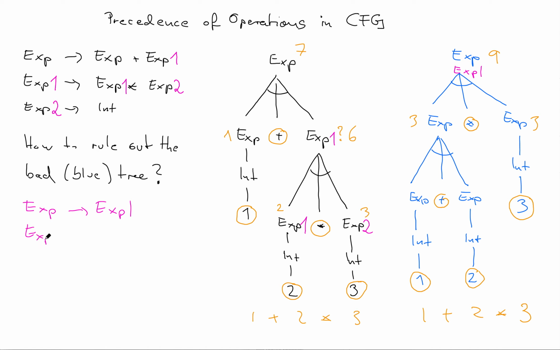And I will also need a rule that allows me to go from x1 to x2. So I need to throw in these two rules as well. So I can go from x to x1 now. And then from x1, I can do x1 times x2. But you see that there is no rule that allows me to do this. This step is blocked.